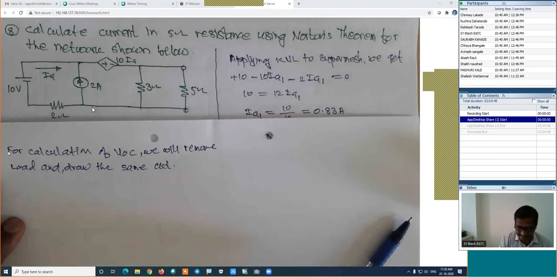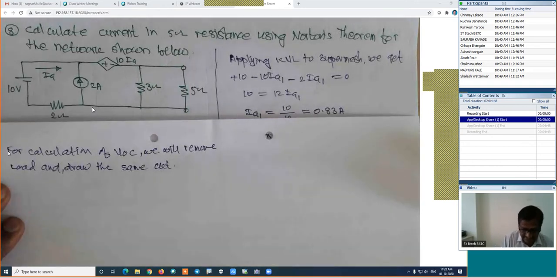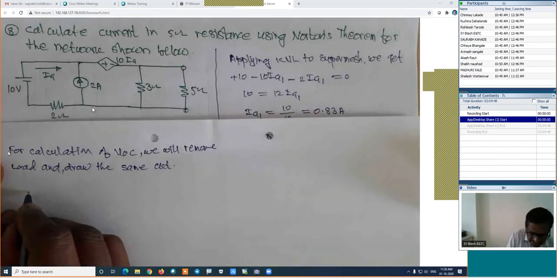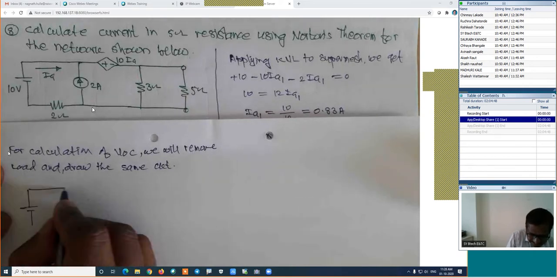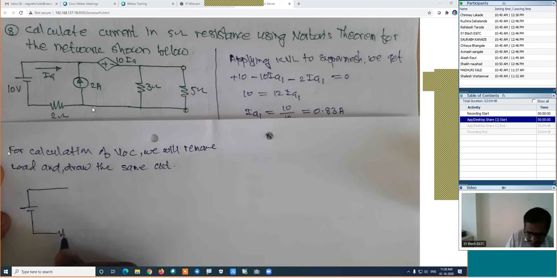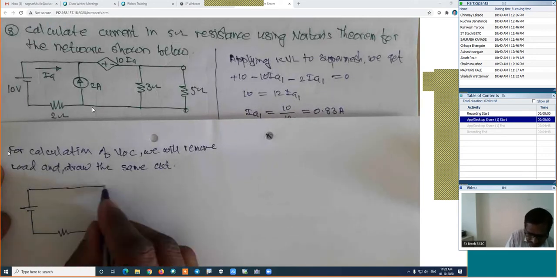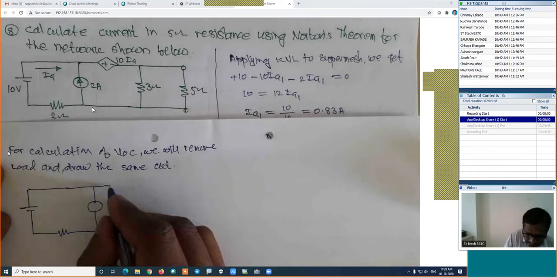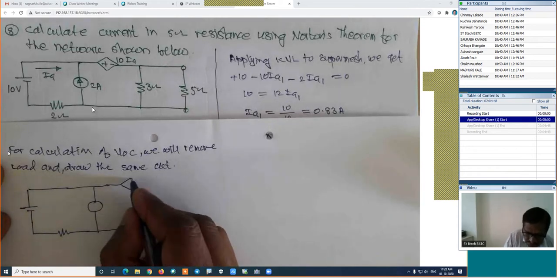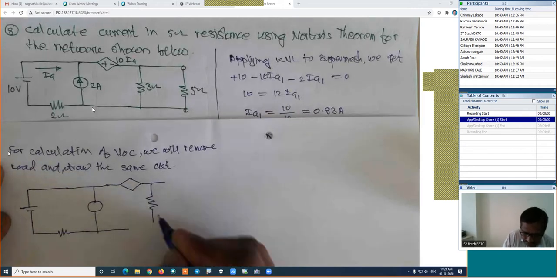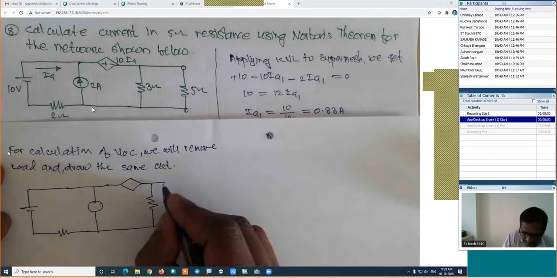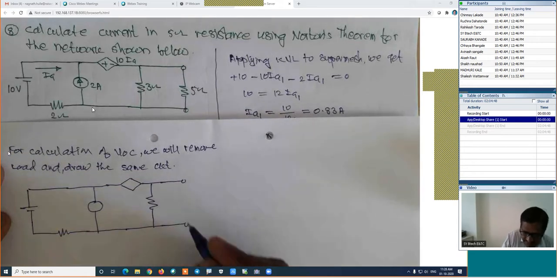Is it right? If we are doing that, how will be the figure? I will draw here. This is A point, this is B point.